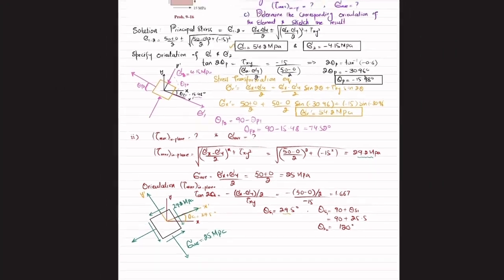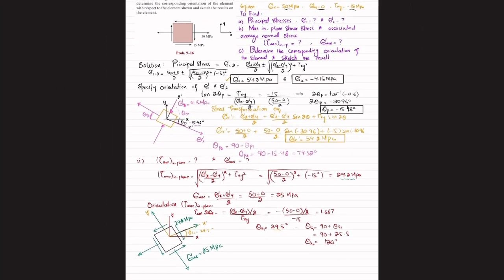Now if we combine and represent this case and this case and draw the state of stress, you can see that this is your initial x axis, and this theta is given as 15.5 degree.